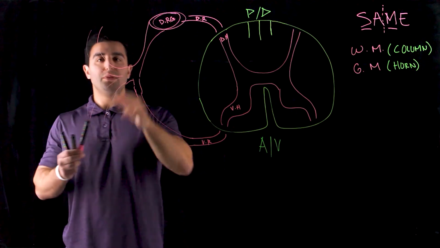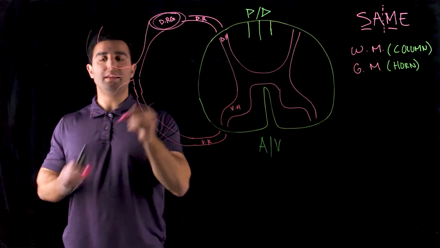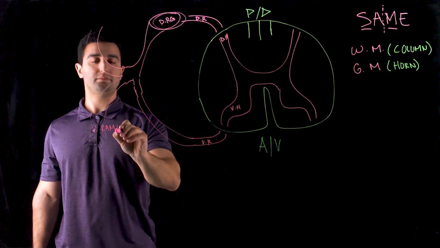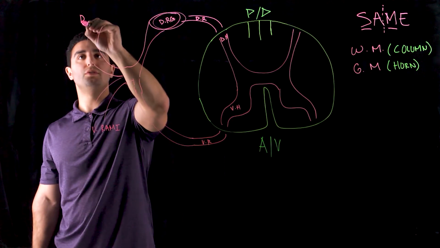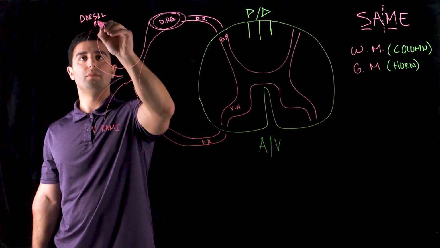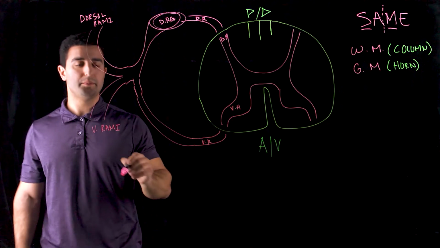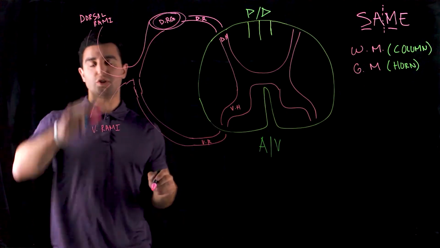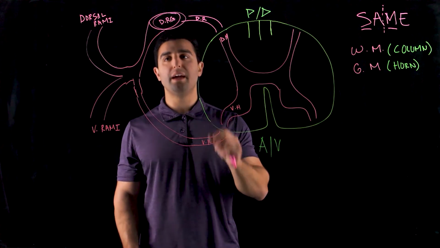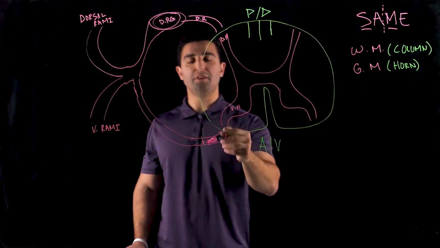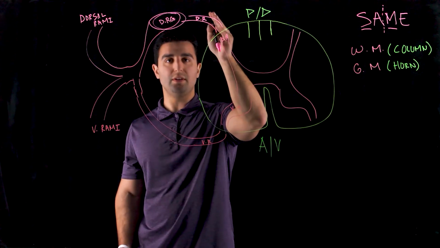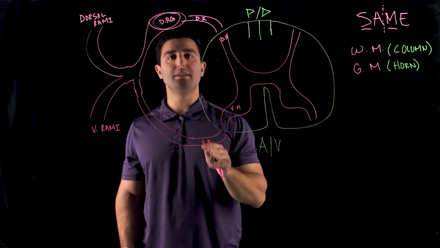With this connection, now we have the rami. We have the ventral rami and the dorsal rami. What's unique about these two structures is that the rami have both sensory and motor neurons. The ventral root and the dorsal root are selective: the dorsal root only has sensory neurons, and the ventral root only has motor neurons.